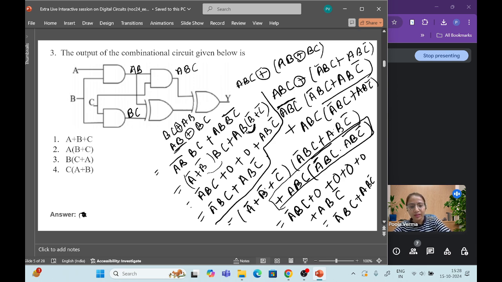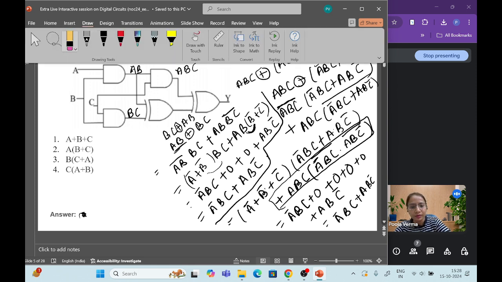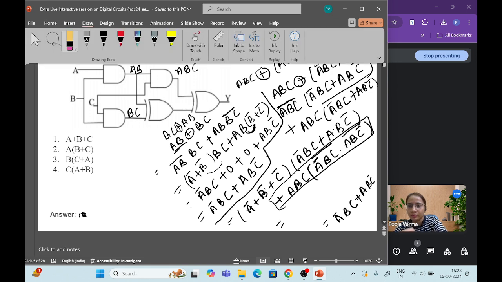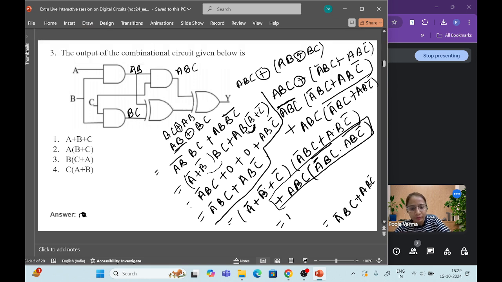So I am taking this to there, so that I can remove it from here, and then we can write the final expression. So here A dash BC plus ABC dash, then we will write this part.